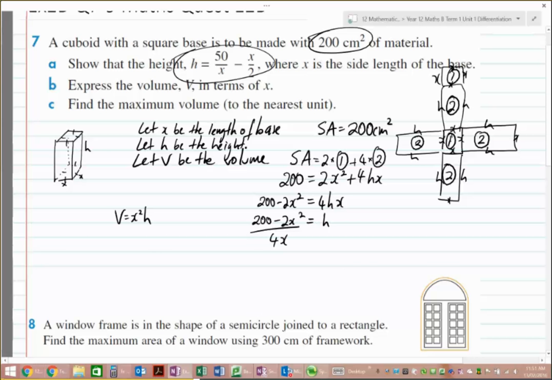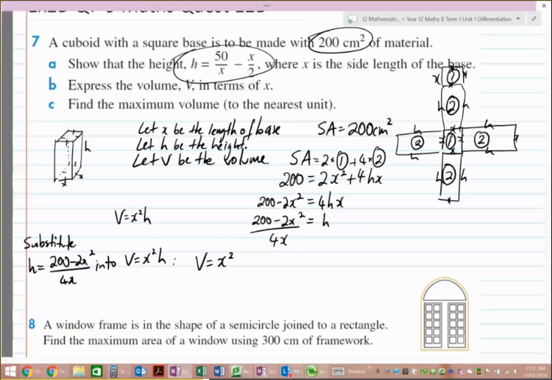But anyway, I'm going to substitute h equals 200 minus 2x squared on 4x into V equals x squared h. So V equals x squared, better be consistent with my different color usage, 200 minus 2x squared all over 4x.